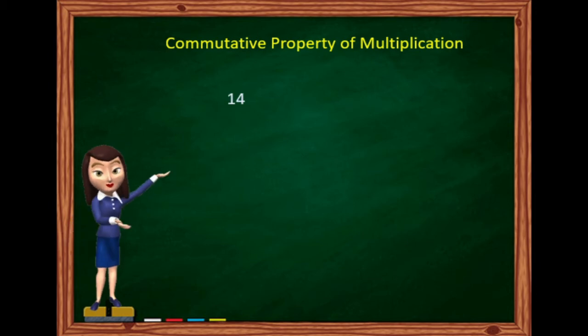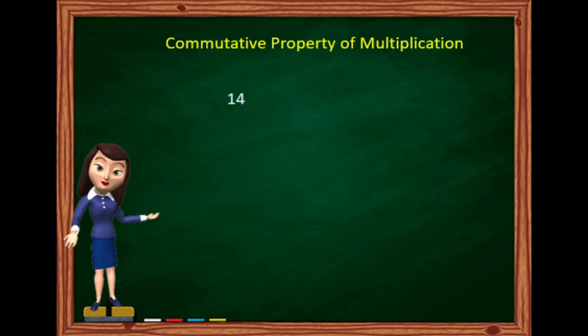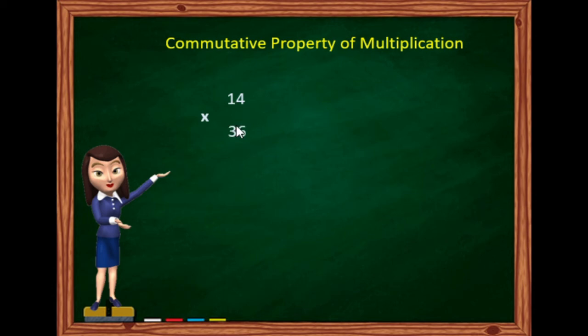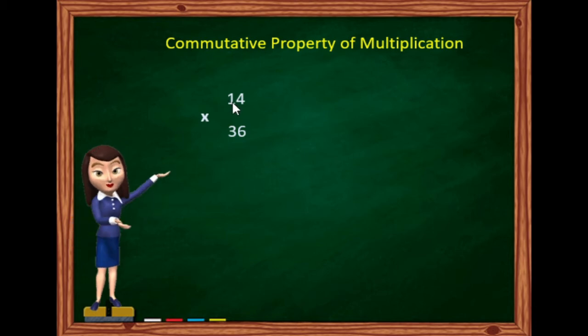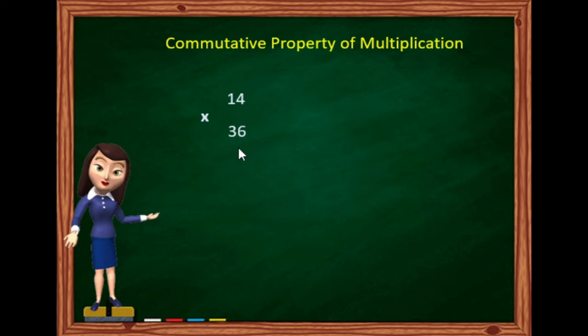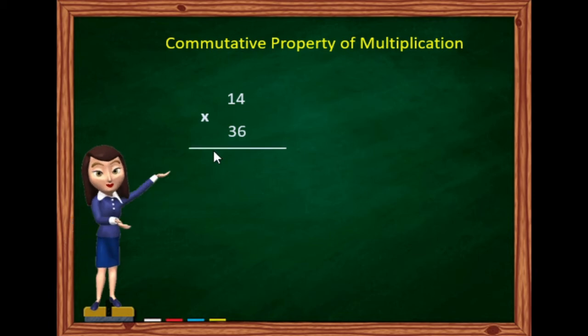Our example here is 14 times 36. First, let's look at how many digits are in one number. You have 2 digits and 2 digits. Let's solve it first.